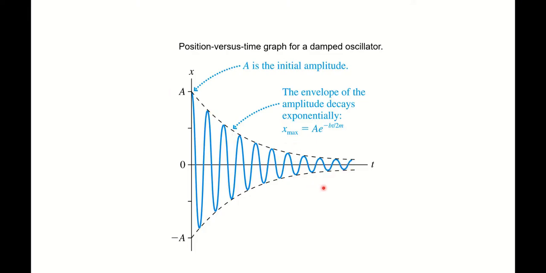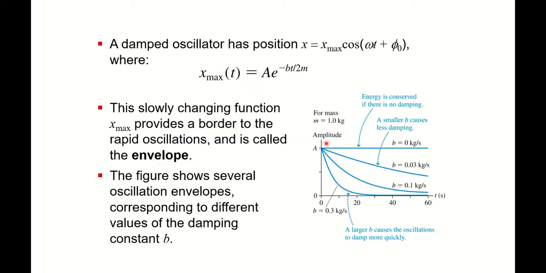So we can actually rewrite that equation in terms of that exponential term out front. We can describe it as a maximum amplitude that just gets smaller with time, like in this case. Then our equation for that damped harmonic motion looks similar to what it was for the undamped case.